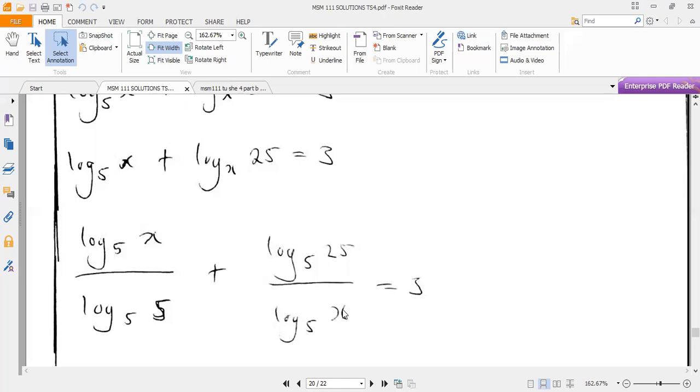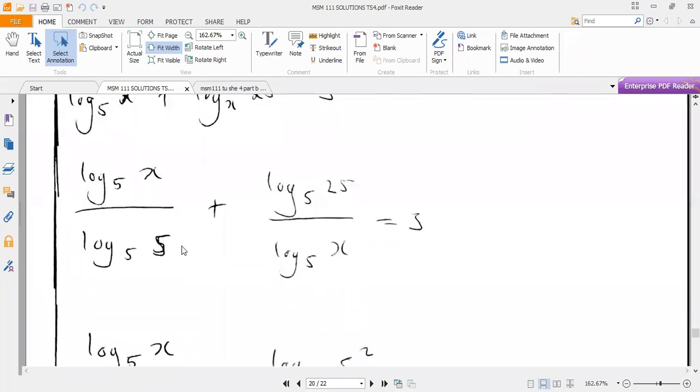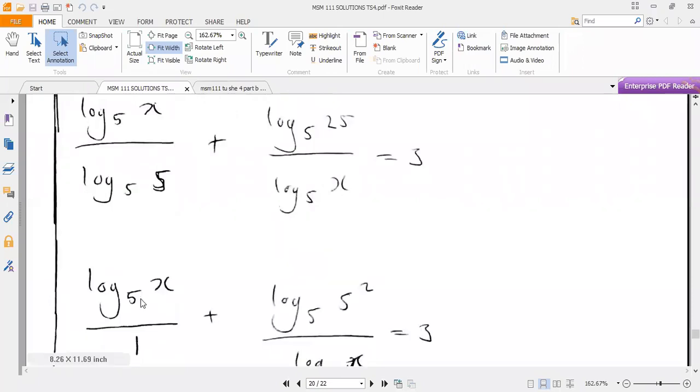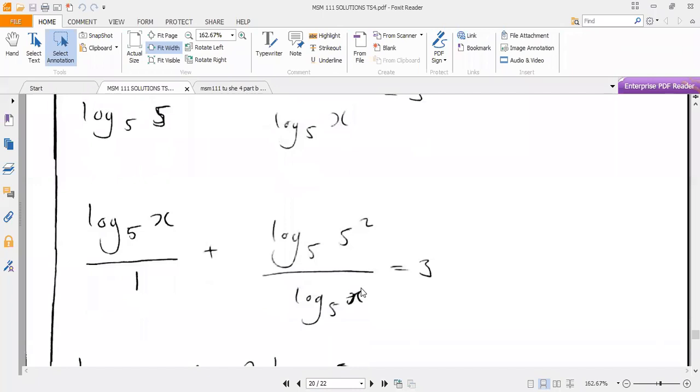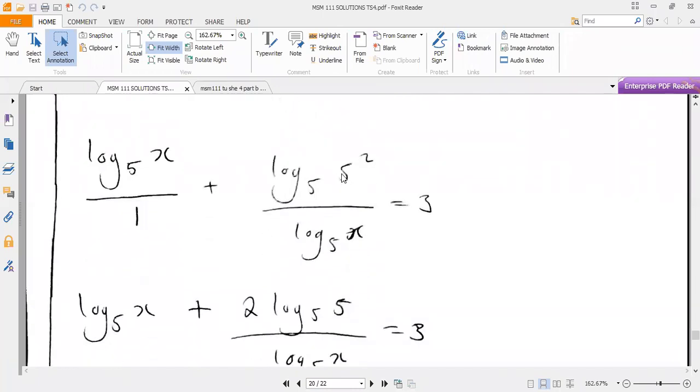When you are there now, what is it that you can do? You can now easily solve this guy. You can manipulate it. You know that the log base 5 of 5 is simply 1, isn't it? So 1 divided by log base 5 of x, it's simply what? We're getting the same thing here. We have this guy here. This guy is 1, right? Then this guy, the 25, we can express it in this form, 5 to the power 2. So now 5 to the power 2 is simply 25, isn't it? Using that log principle, the 2 can drop, isn't it?